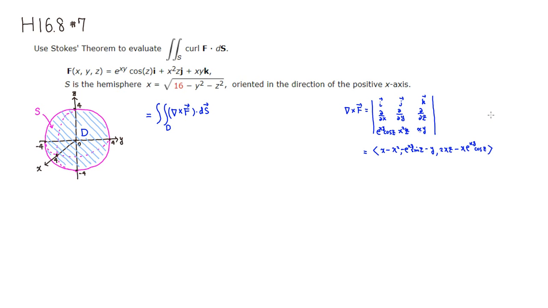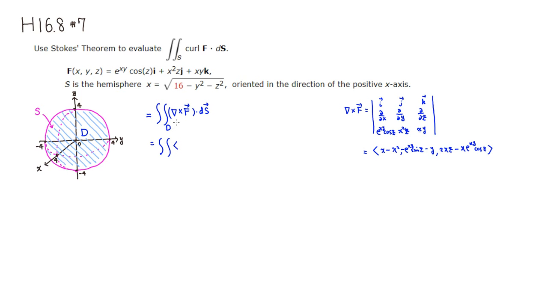But if you're looking at the disk D, you can see that the normal vector is going to be simply vector i, because it's the positive x direction. So we have an integral. You have all this, but the x value is 0 on D, so we can plug in 0 here.